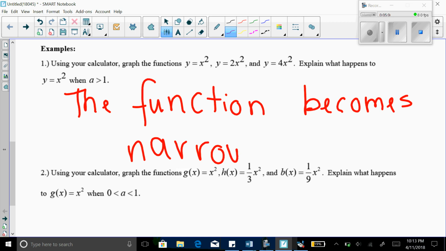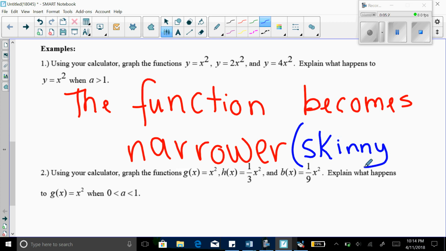So the function becomes narrower, which means skinnier. Think about caves that are narrow, it's really tight, it's a tight squeeze to get through that cave. So narrower means to get skinnier.